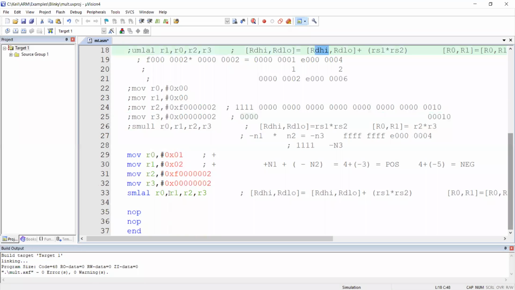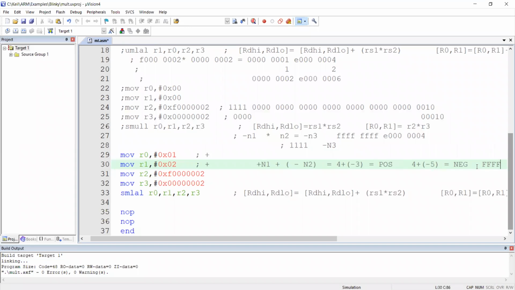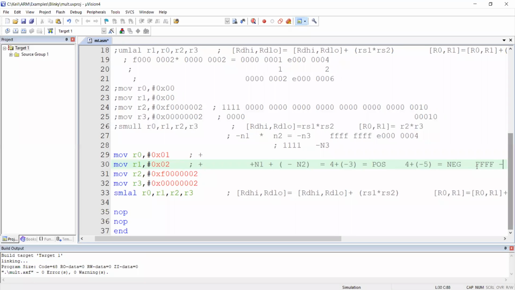So what is RdLo here? R1, R0. Okay. So if the already existing value is more than what I generate from the multiplication, the answer will be positive. If the already existing value is smaller than the magnitude of the product I am going to get, the answer will be negative.